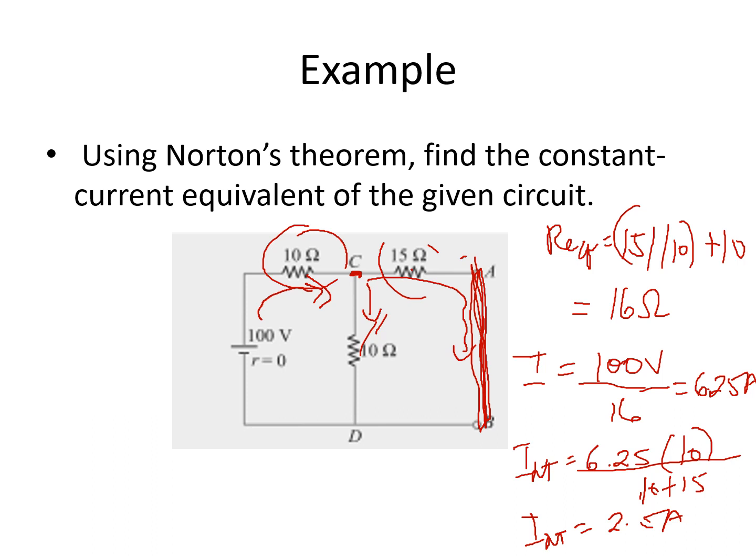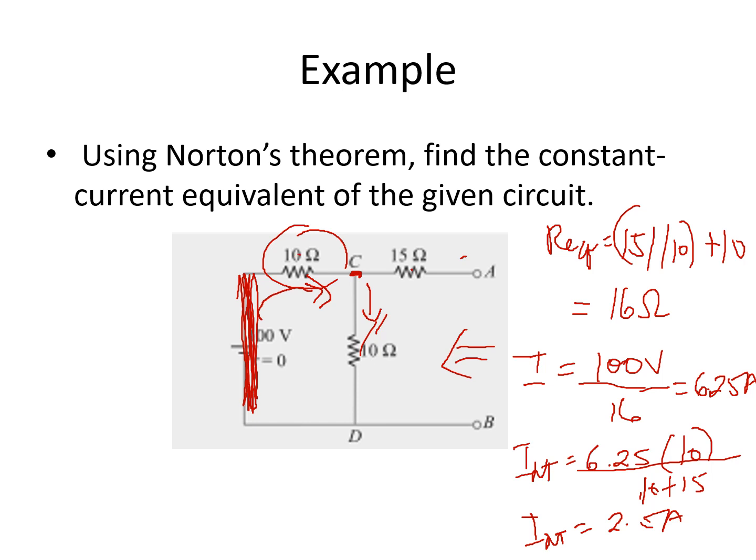Okay, so how are we going to solve now for the resistance, for our Thevenin Norton's resistance? For our Norton's resistance, we're going to short this and make this an open circuit. And then we're going to look at this direction. What can you see looking at this direction? As you can see here, that is 10.